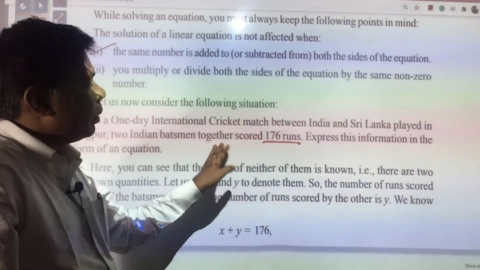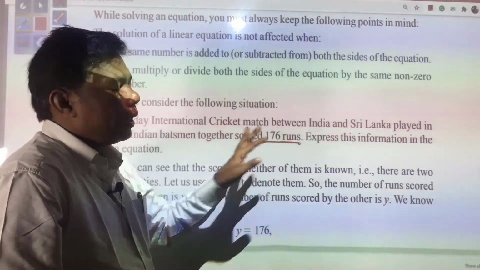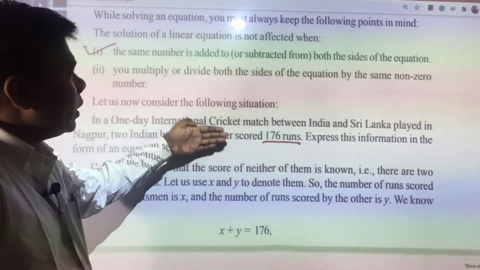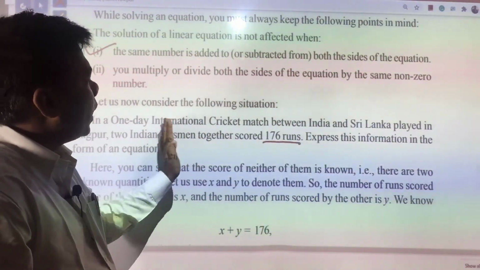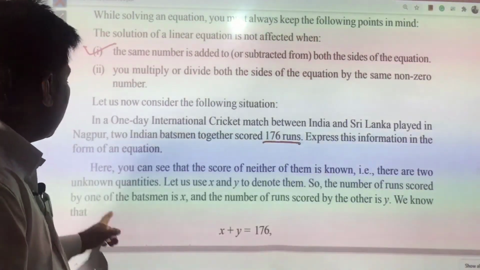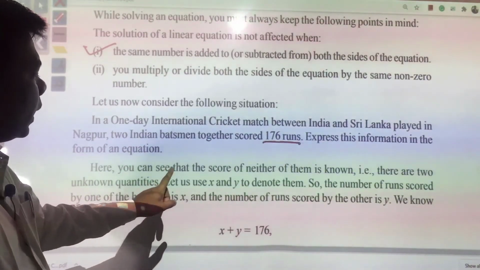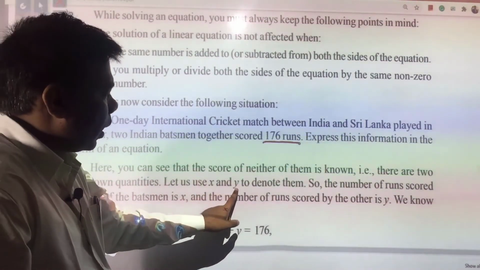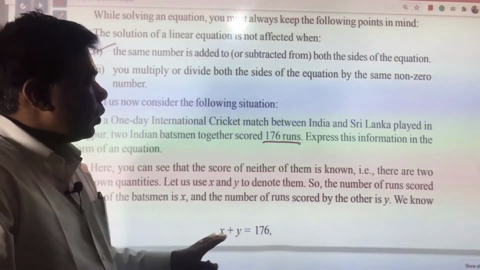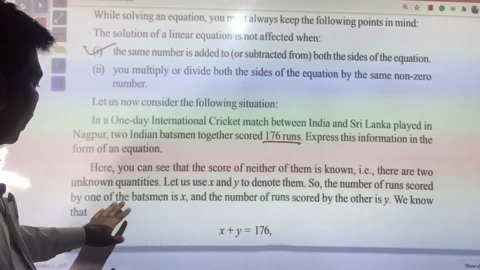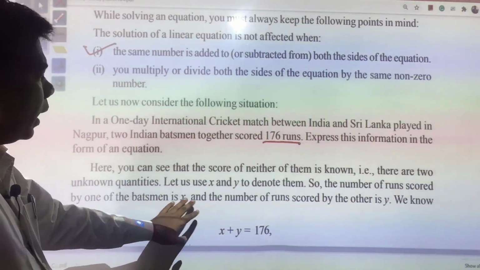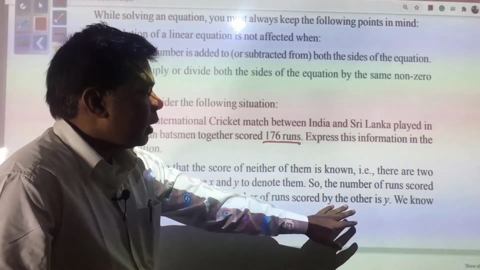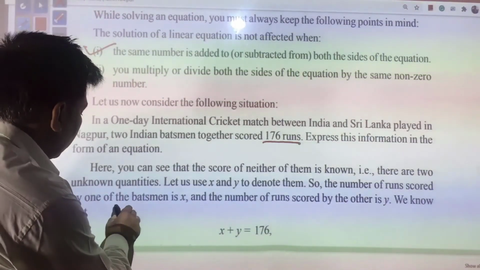Both the players have played and they have scored 176 runs. So, individually you do not know how many runs they have made. There are two unknown quantities, let us use x and y to denote them. So, the number of runs scored by one of the batsmen is x and the number of runs scored by the other is y. This you need to assume.